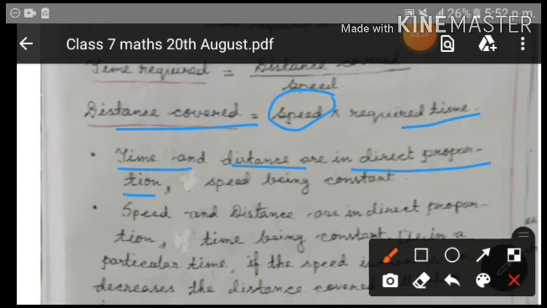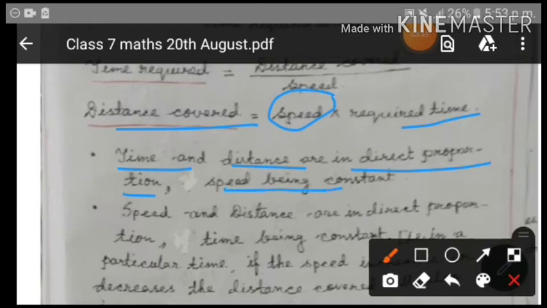So whenever the distance is increasing, the time is also increasing, and whenever the distance is decreasing, the time taken to cover the distance will also decrease. In this way the distance and time are in direct proportion.